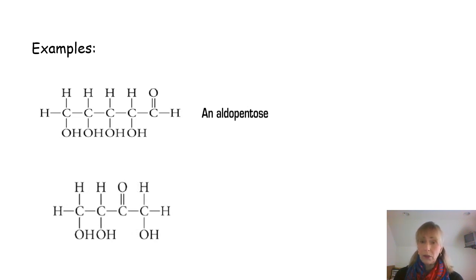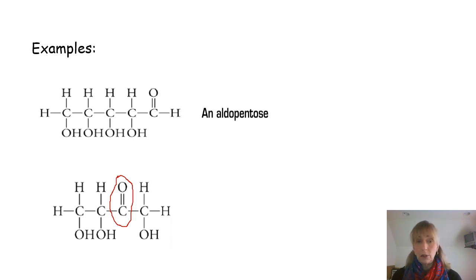All right, let's look at this one here. And again, we see that it's got a number of hydroxyl groups, so polyhydroxy. And the functional group that we see this time is a carbonyl, right? With 2 carbons, 1 carbon on either side. So it's a ketone. So this is a ketose.